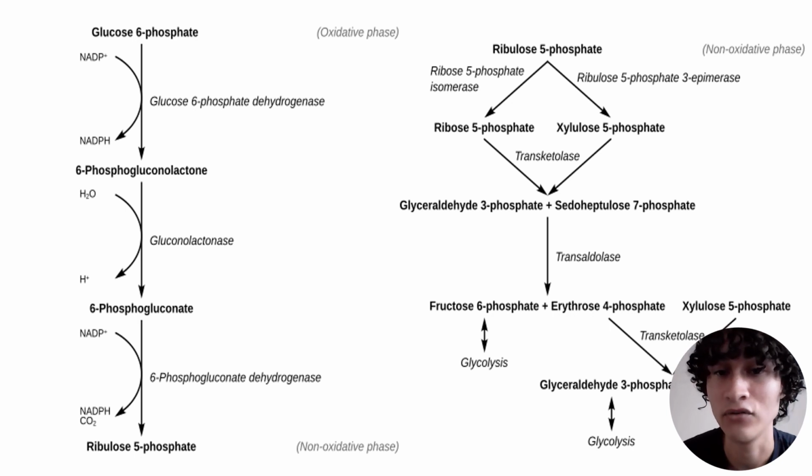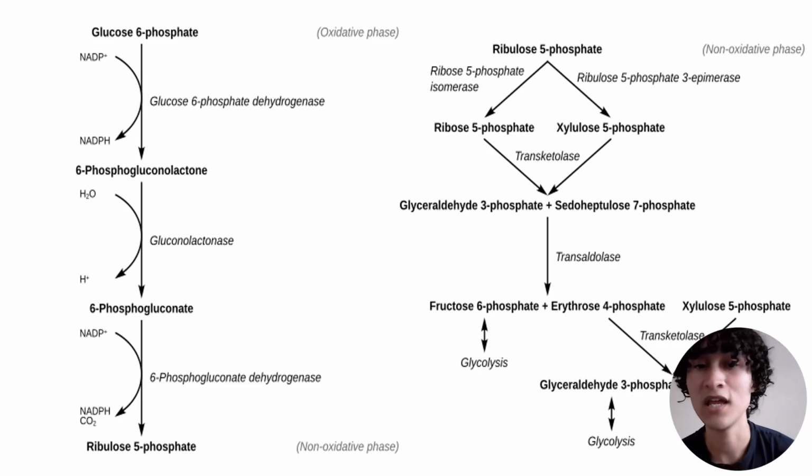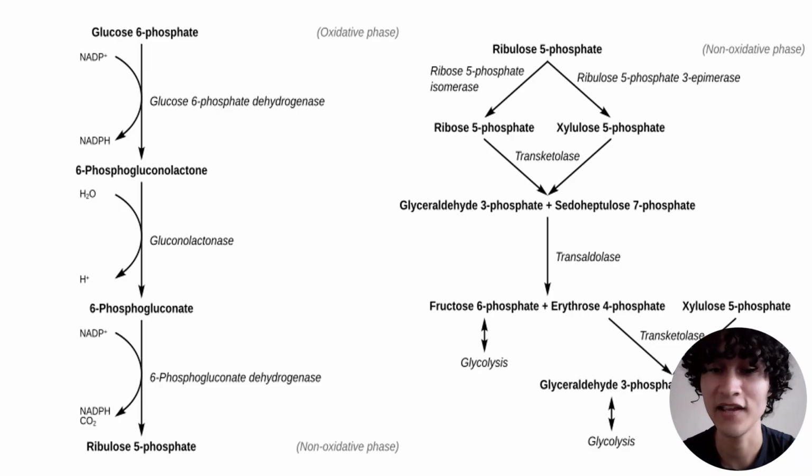Okay, and a transaldolase reaction can give you your fructose 6-phosphate, which can feed back into glycolysis as well. So you can see how these pathways will feed into glycolysis or feed into de novo synthesis of DNA, depending on what the cell needs or requires.